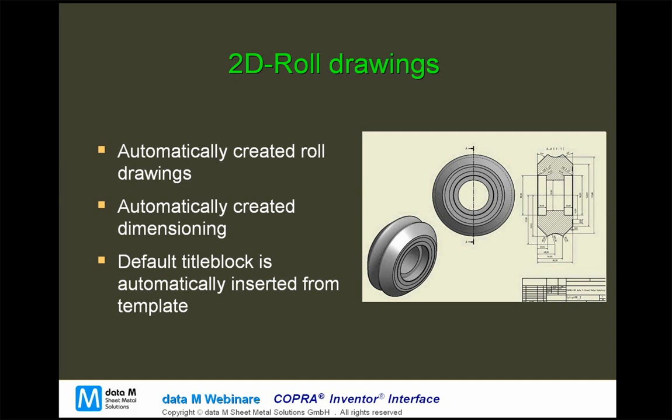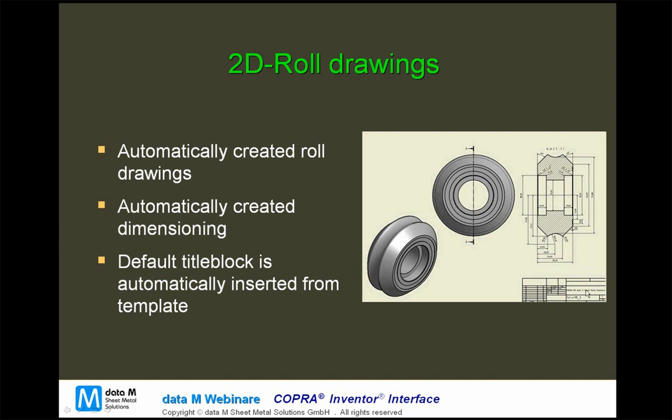And if it's one of our templates, we will use these templates and set all the parameters and data, for example, for fillets, for chamfers, whatever, for the bore information, and create the roll, and automatically also the drawing. As you can see here, you get a drawing and all the predefined dimensions of this drawing. And also you get a title block over here.